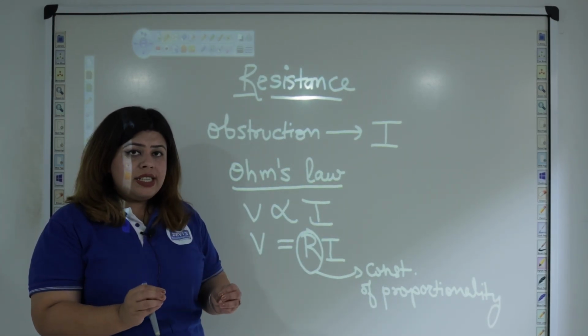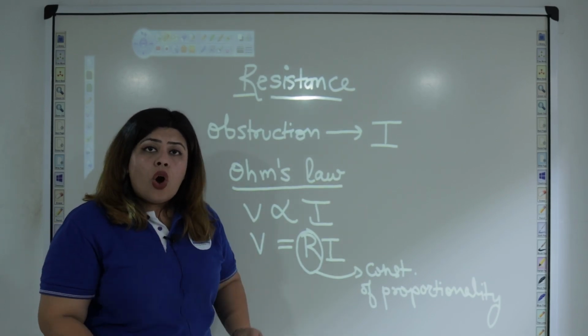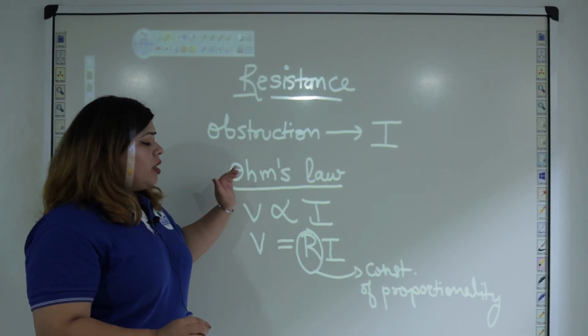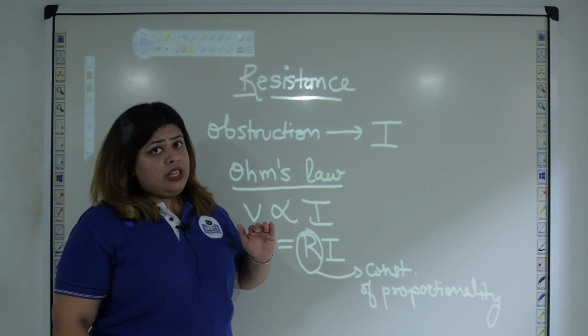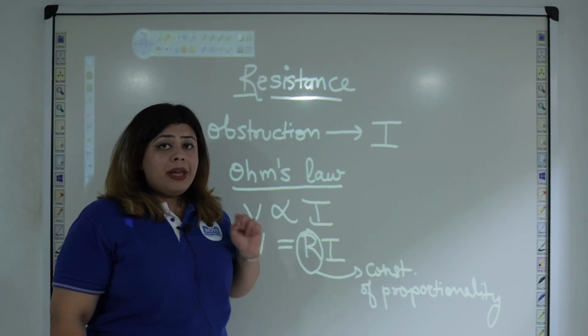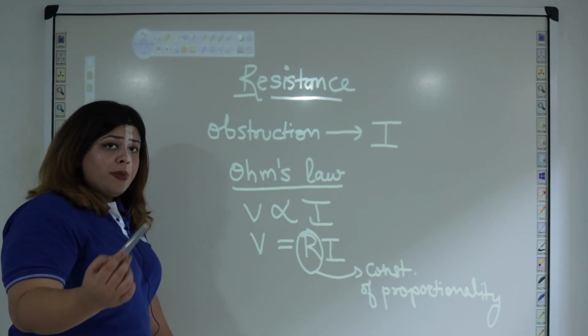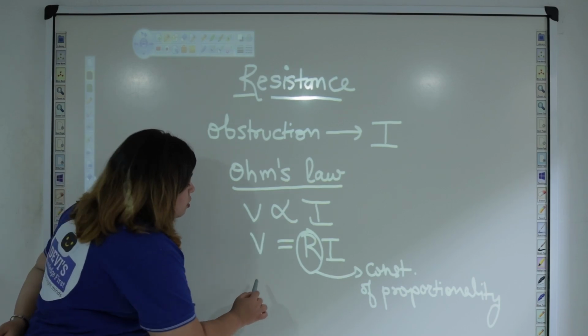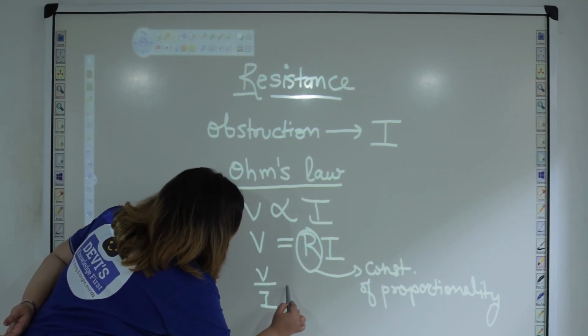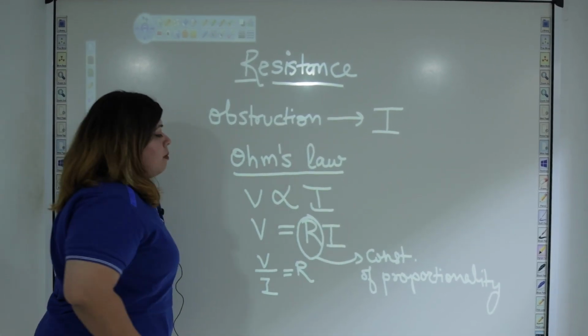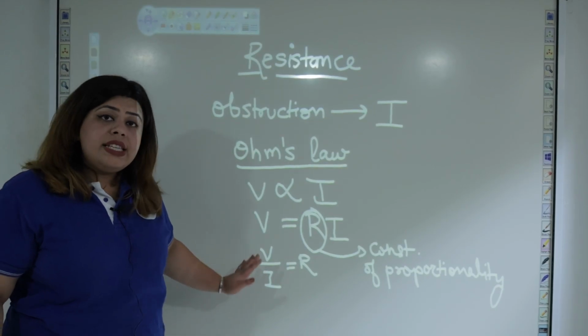That this resistance value is not going to change. As the voltage increases, current will increase, but the resistance will remain the same. So I can write it as the formula you all must be learning in school, V by I is equal to R. This is how the formula is derived.